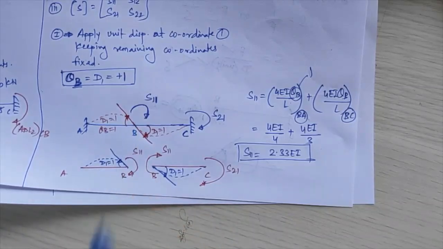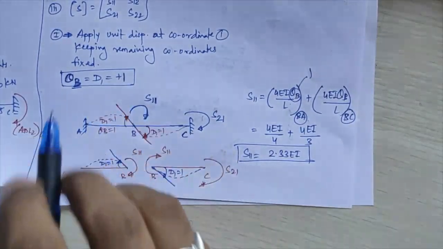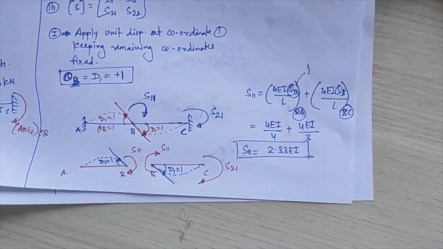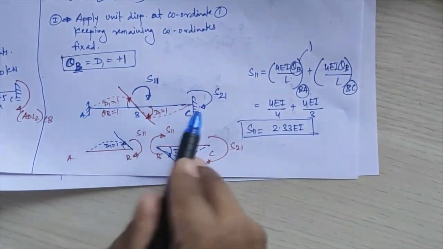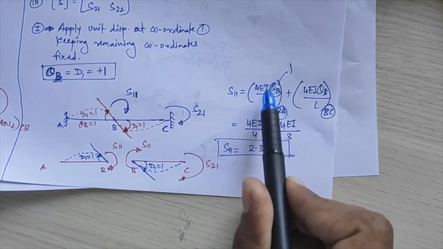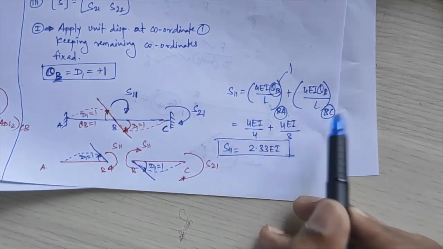Simply remember: at the point where you apply the unit displacement, if you are calculating the stiffness at that point, that is the near end, and any other point will be the far end. So S11 is the combination of BA and BC moments: near end moment 4EI theta upon L for BA, plus 4EI theta upon L again for BC.